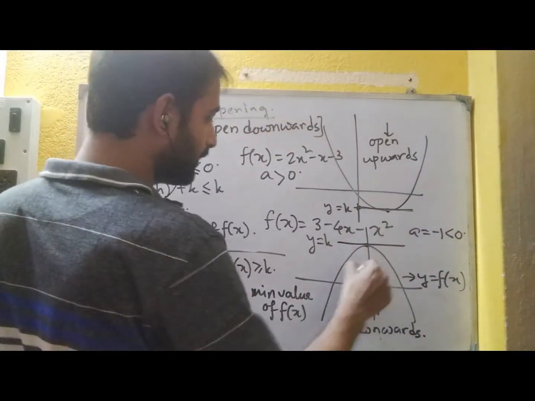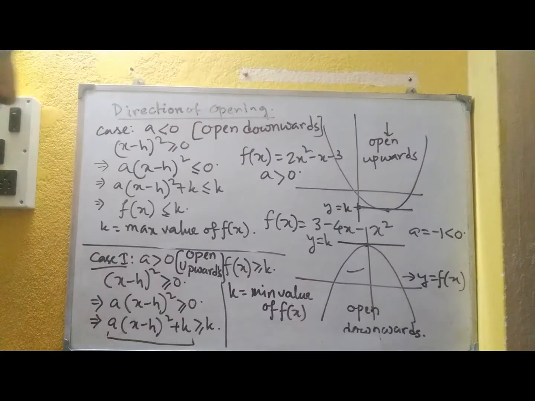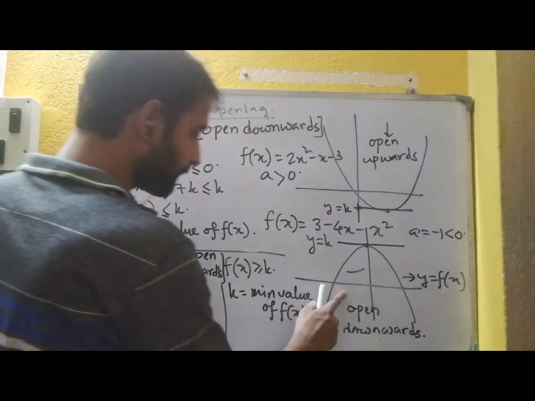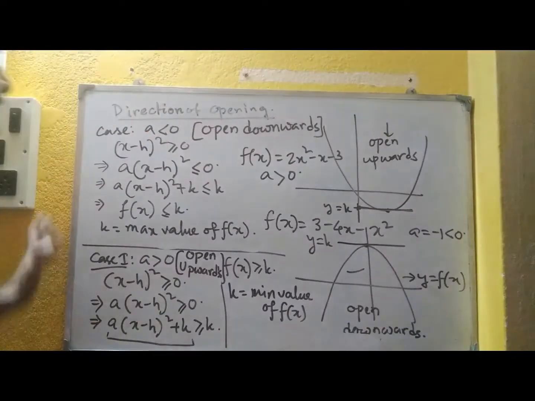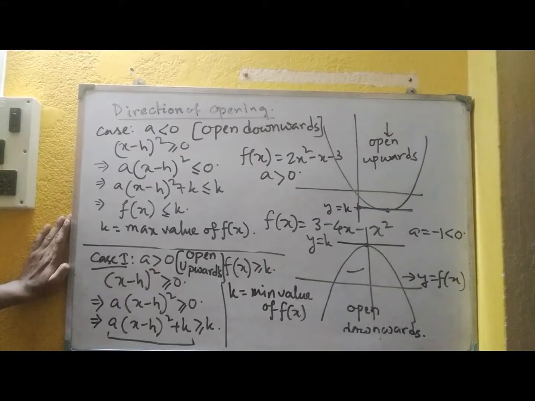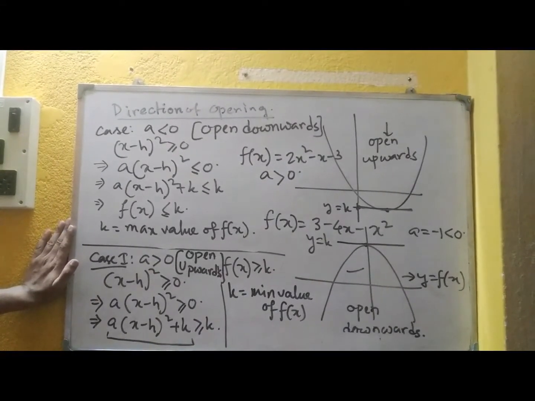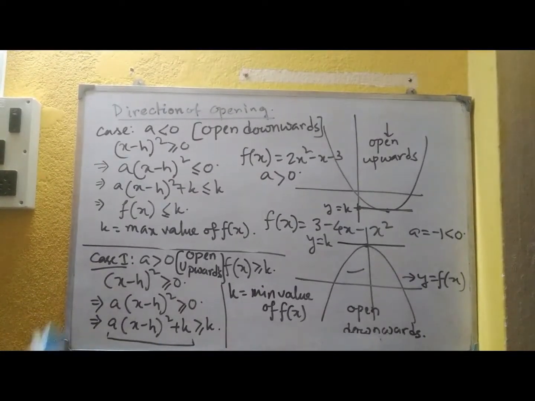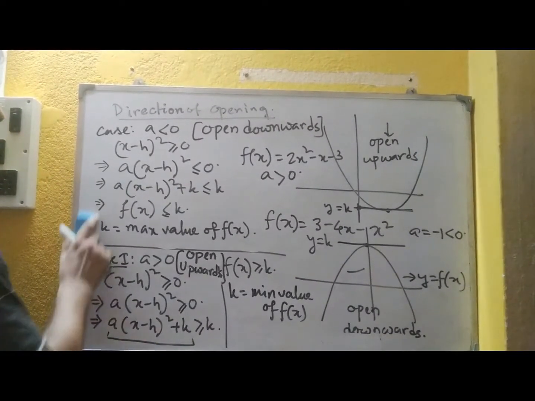In this case we are having a downward graph, like the second one. So this is the way we explain the direction of opening, and with the help of this we can realize whether the graph is open upwards or open downwards. So let me make a note out of it.